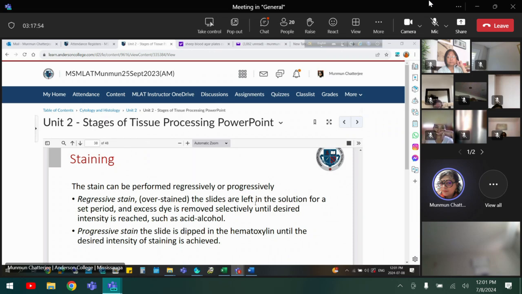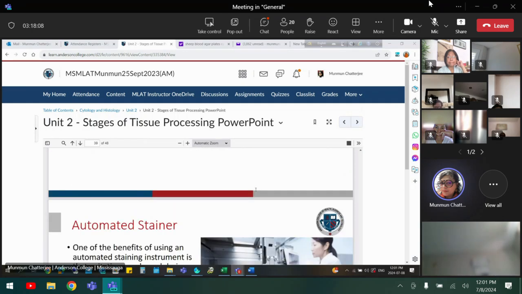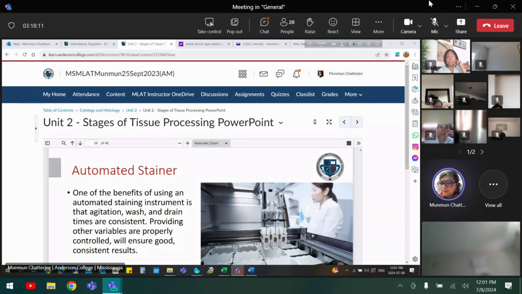So it's going to be a regressive stain, left in a solution for a specific set of time, then the excess dye is removed selectively using an acid alcohol. Automated stainer: one of the benefits of using an automated staining instrument is that agitation, wash, and drain times are consistent. Providing other variables are properly controlled, it will ensure good consistent results because it's done by itself, right? The manual errors are not there.